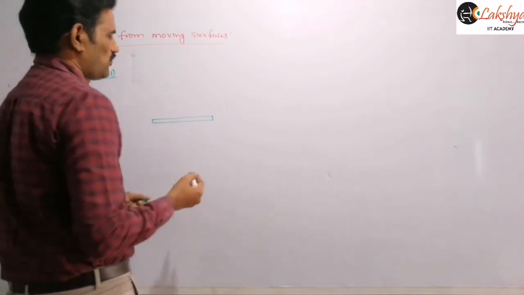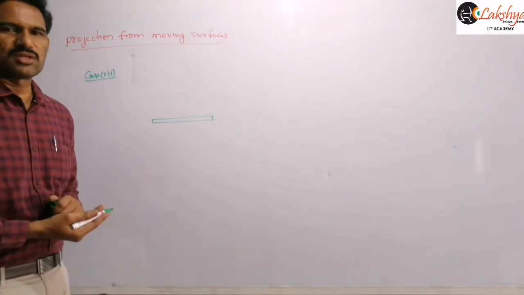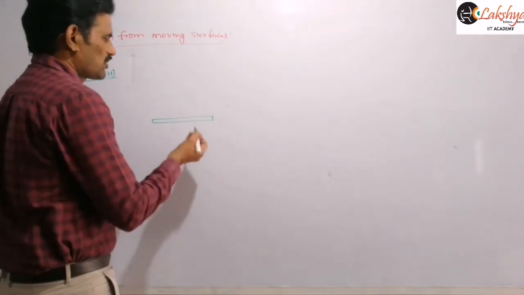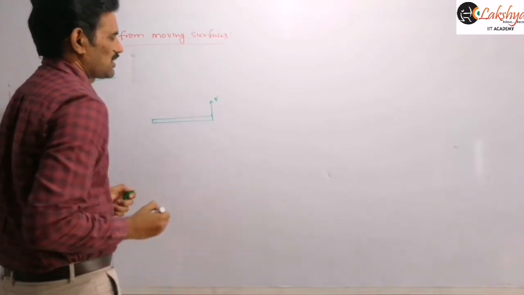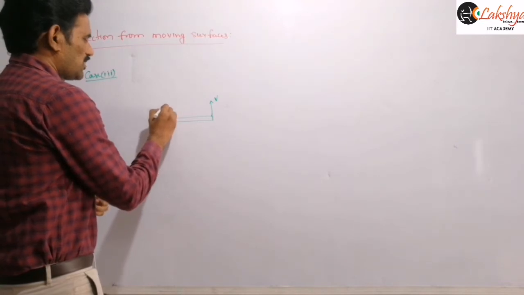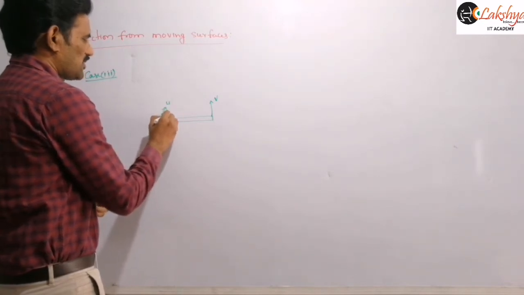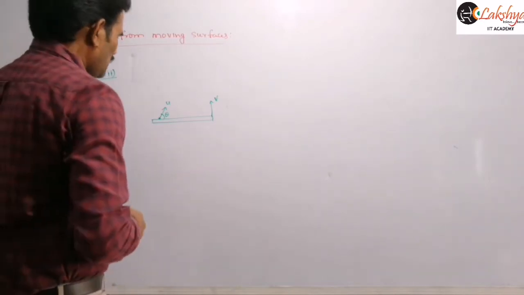It is moving upward or downward, both cases we need to discuss. First case, it is moving up with a uniform velocity v. From here we are projecting an object with initial velocity u at an angle theta, with respect to this platform.